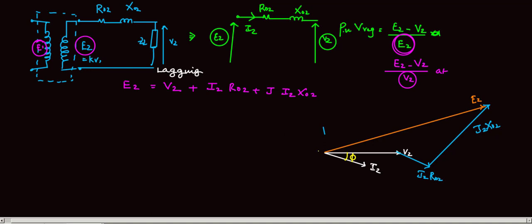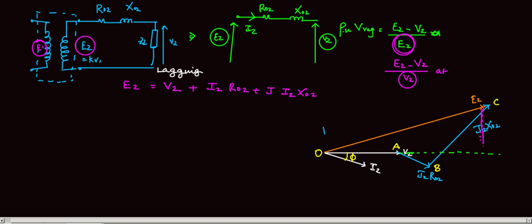So this is O, this is A, this is point B, and this is point C. What I am doing here is extending the line OA, and drawing a perpendicular from E2.